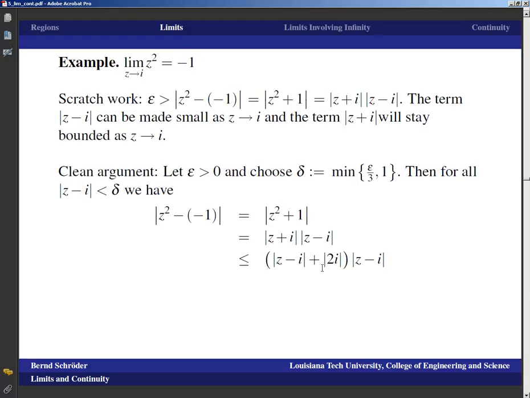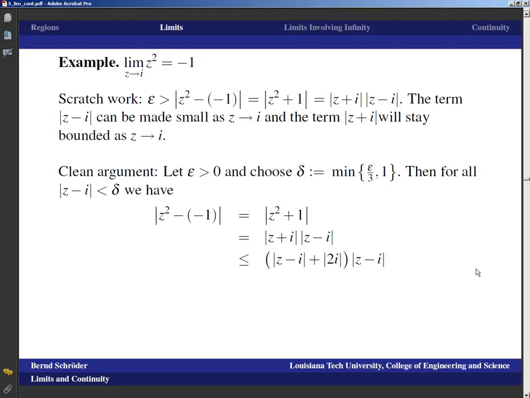And now we're using the triangle inequality. z plus i is z minus i plus 2i. And by the triangle inequality, that's smaller than the absolute value of z minus i plus the absolute value of 2i. Because I need some way to control the absolute value of z plus i. And using the triangle inequality, that's another skill that you pick up with enough practice.